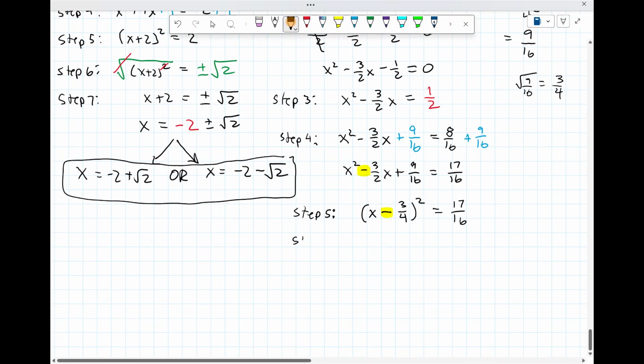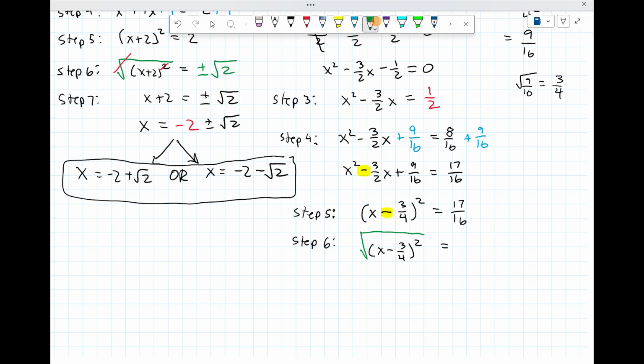Step 6, I take the square root of both sides, making sure I put a plus or minus in front of the square root on the right.